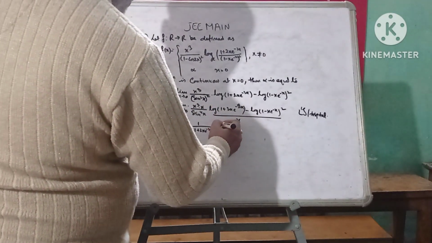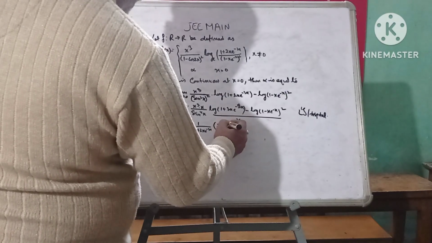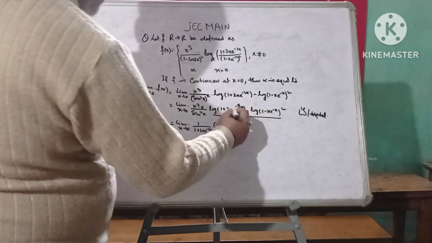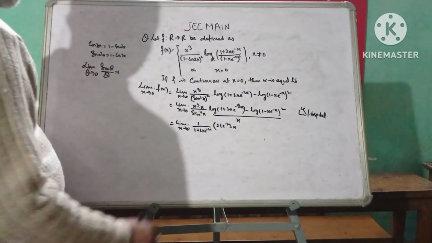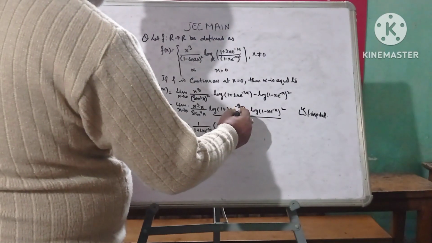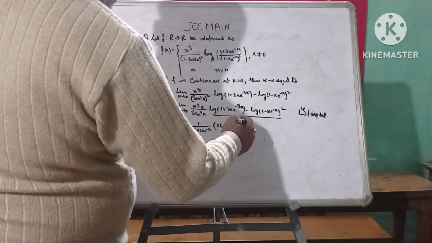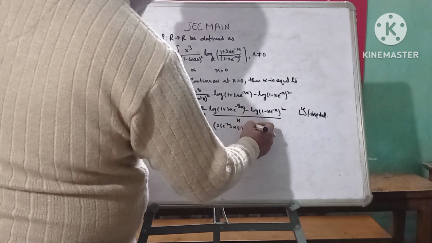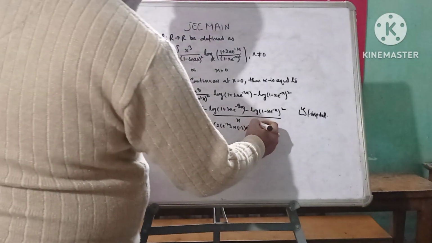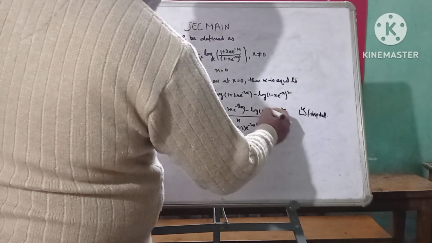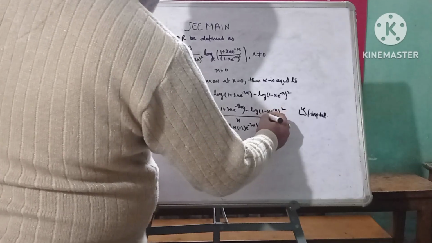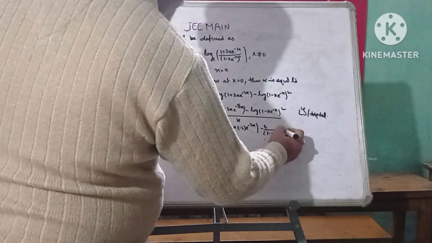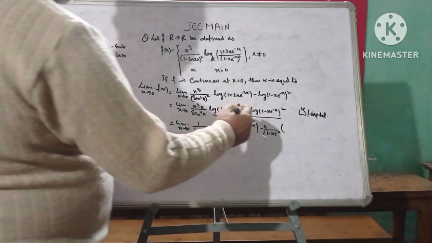And this will be 2, product rule: 1 into e to the power of minus 2x, and again plus x times the derivative of e to the power of minus 2x, which is minus 2 e to the power of minus 2x. And again here, taking 2 as constant, differentiate again by chain rule: 1 by (1 minus x) e to the power of minus x, and here constant 0.